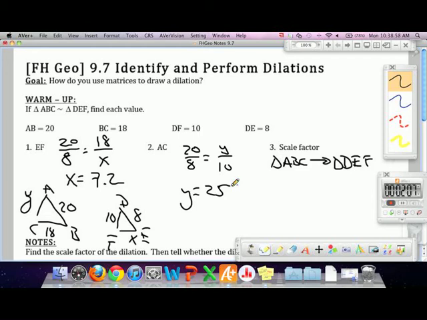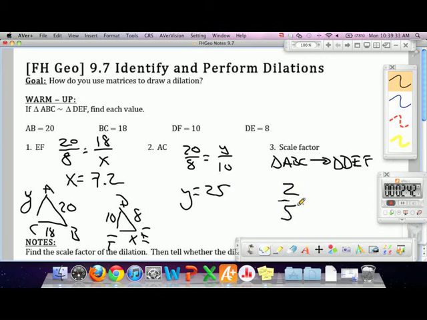Multiply 20 by 2.5, you get 50, which is significantly different than 8. That is how the book defines scale factor. If you're going by the book's definition, 5 over 2, you're not creating a useful quantity. We defined it as the reciprocal of that, in this case 8 over 20, which is 2/5. That's useful because I could take 20, multiply it by 2 over 5, and get exactly 8, the corresponding side length.